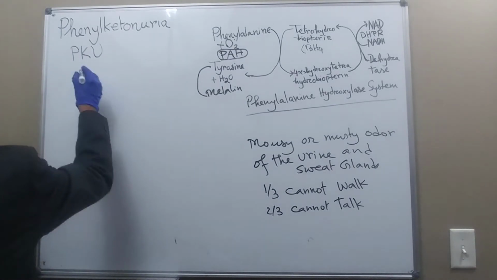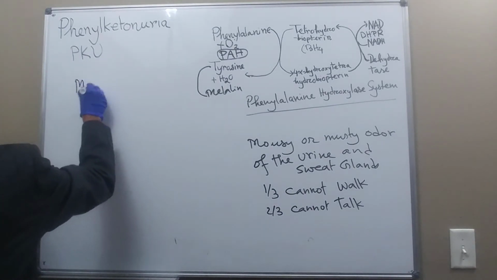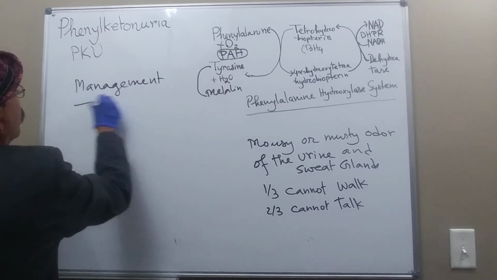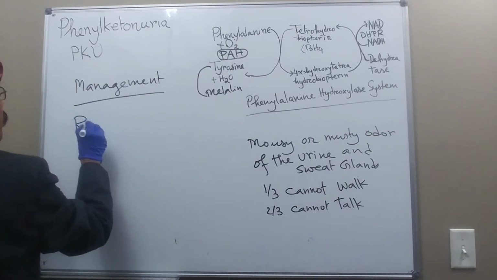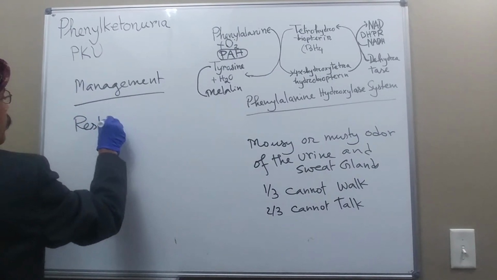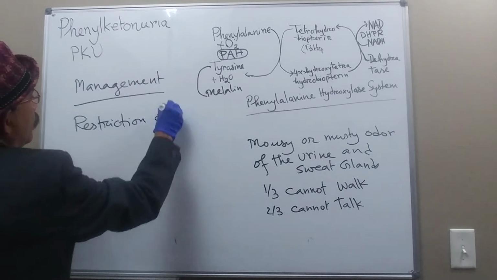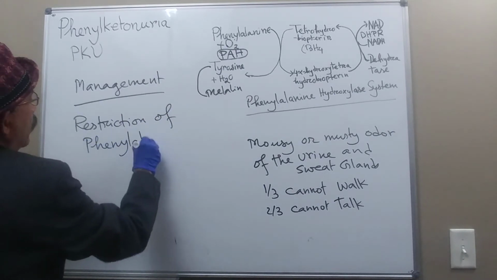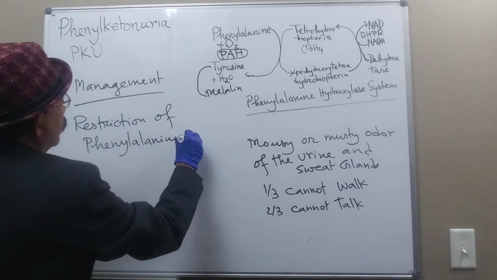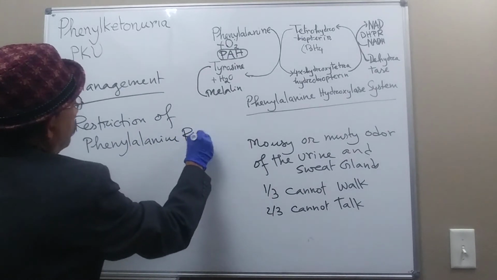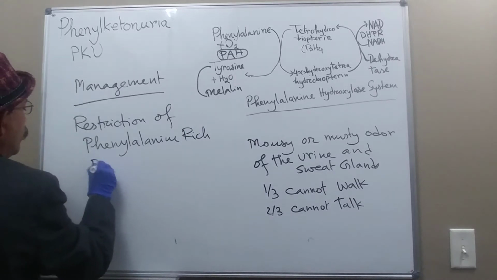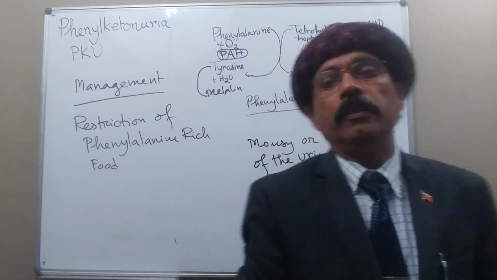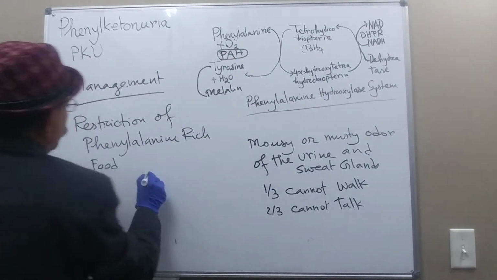So how to manage phenylketonuria? Management is restriction of phenylalanine-rich food. What are the phenylalanine-rich foods?